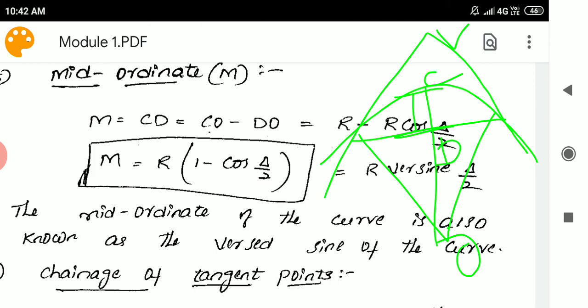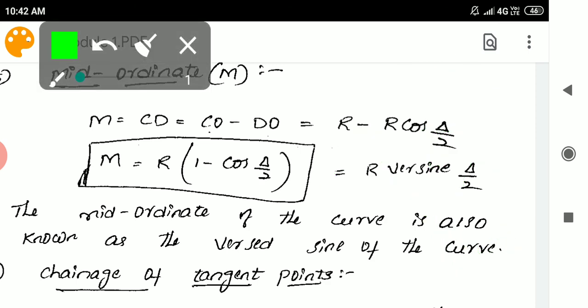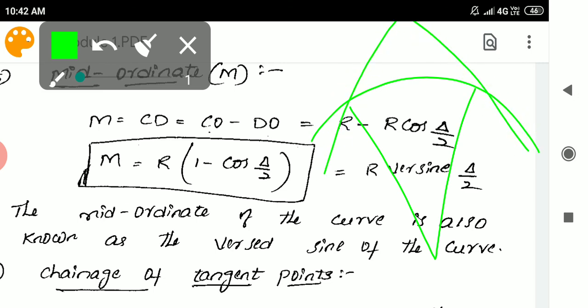Mid ordinate CD is nothing but CO minus DO.